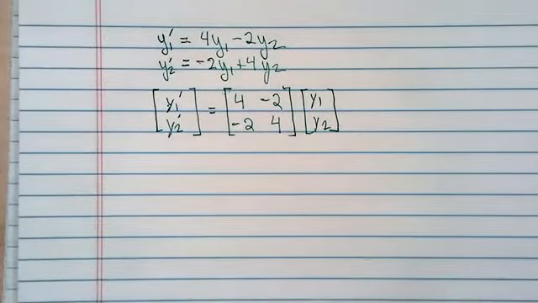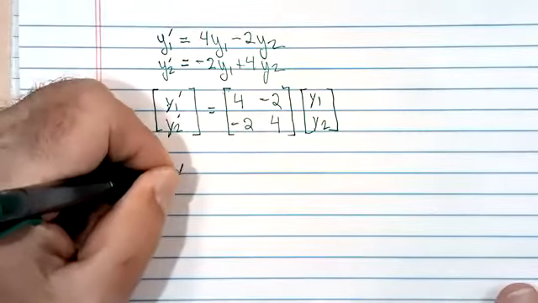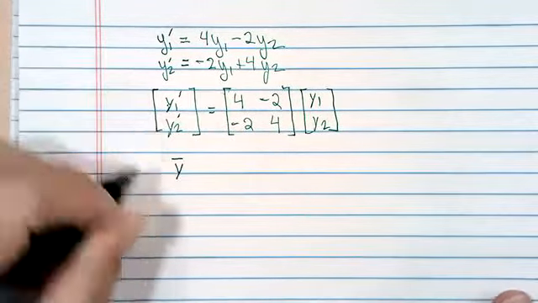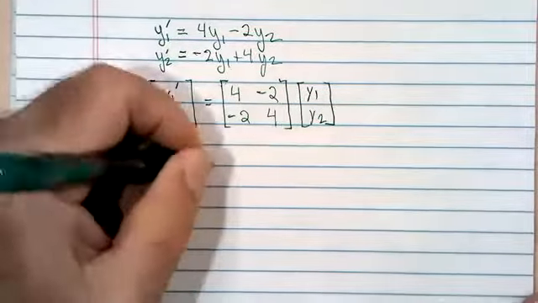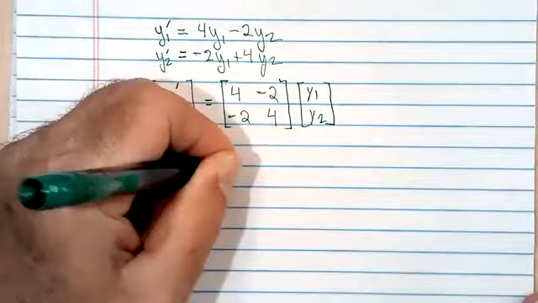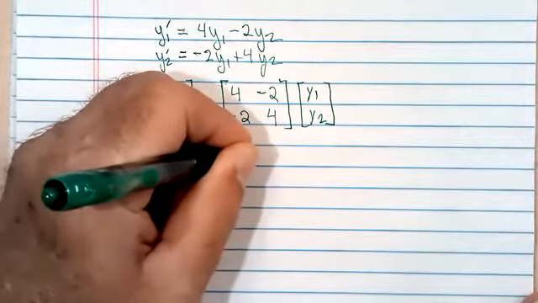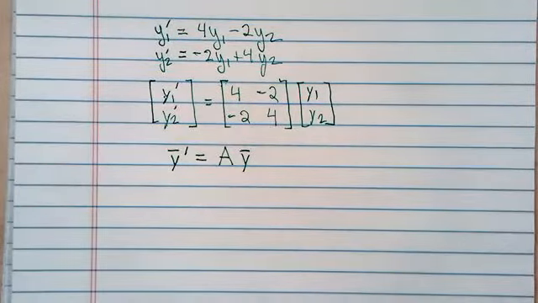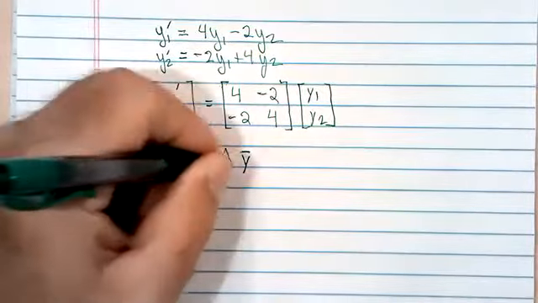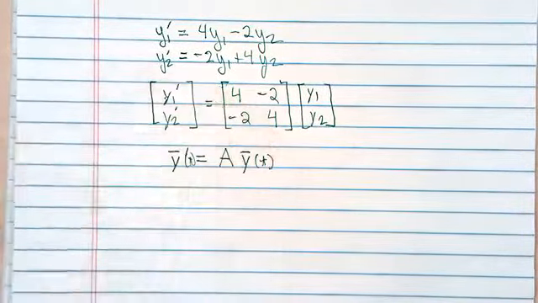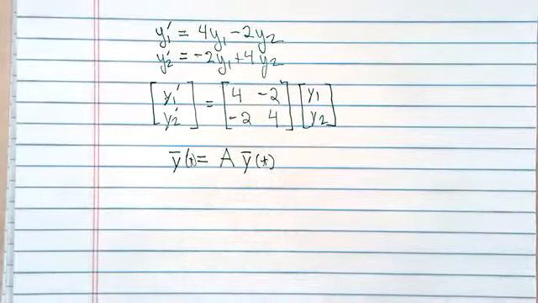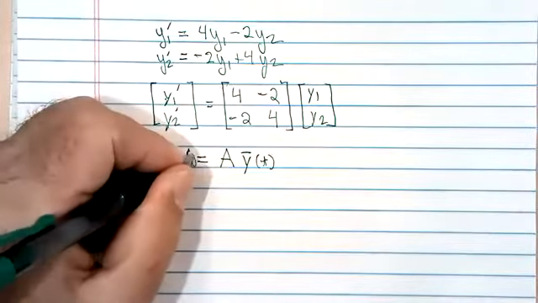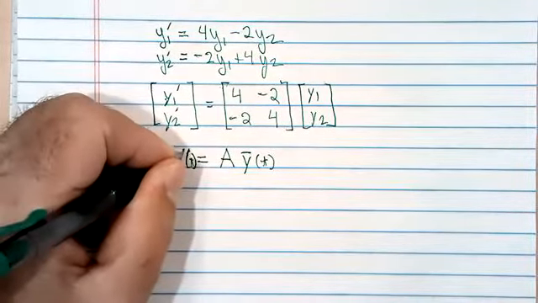And if you write with at least one common notation, you'd say this is the vector y, and we're taking its derivative. So vector y prime equals a matrix coefficient times the vector function y. And if you wanted to write your independent variable in there, you could. The bars really mean something here now. They mean we're looking at vectors and matrices. And I've kind of obliterated my prime mark there. Made it part of a parenthesis.